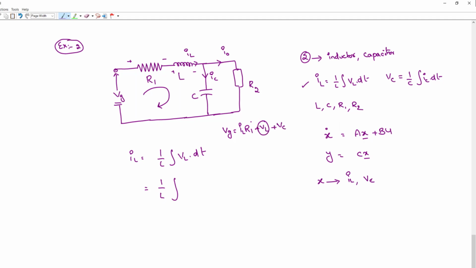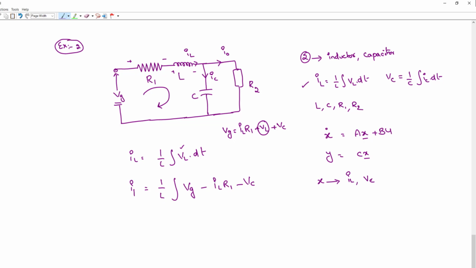Now I want only VL. VL is equal to Vg minus IL R1 minus VC. It's very simple. We brought the unknown VL into known variables Vg, IL and VC.